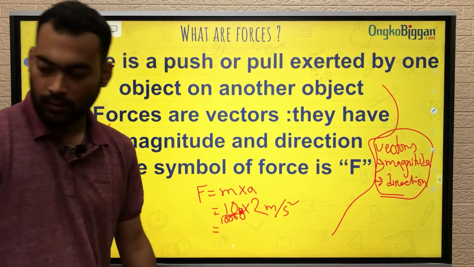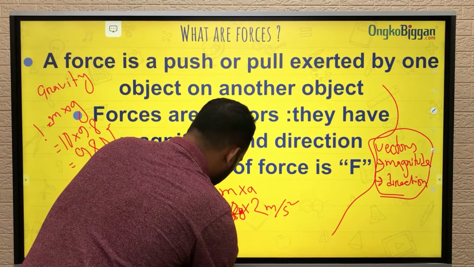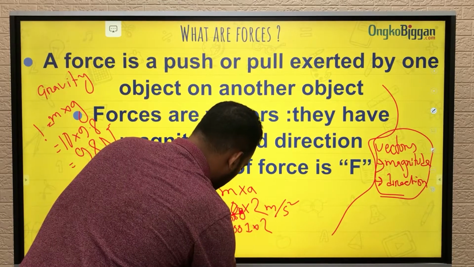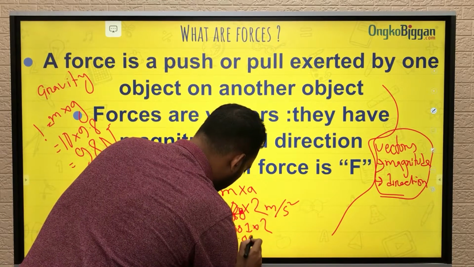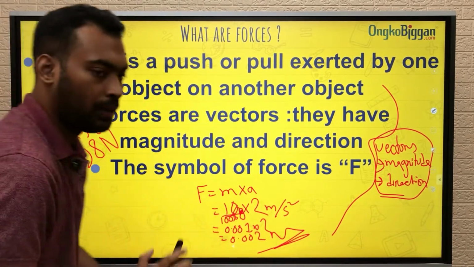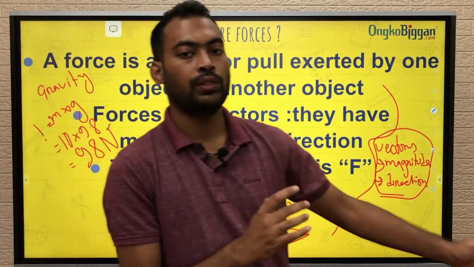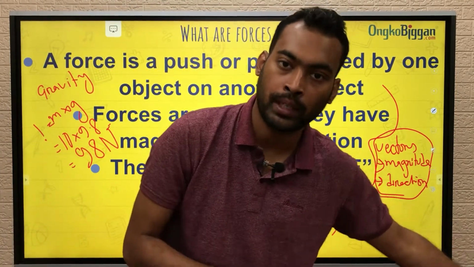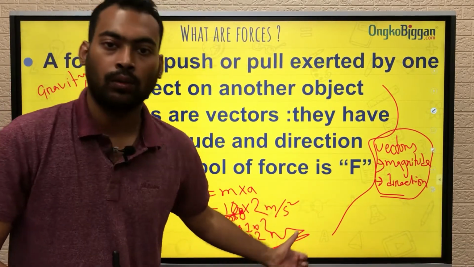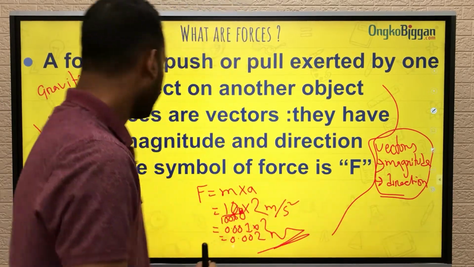So what would be the value? 0.001 into 2, or 0.002 Newton. So this is the force which I applied on this body so that the body moves with an acceleration of 2 meter per second square. So this is how we can figure out the value of force exerted on a body.